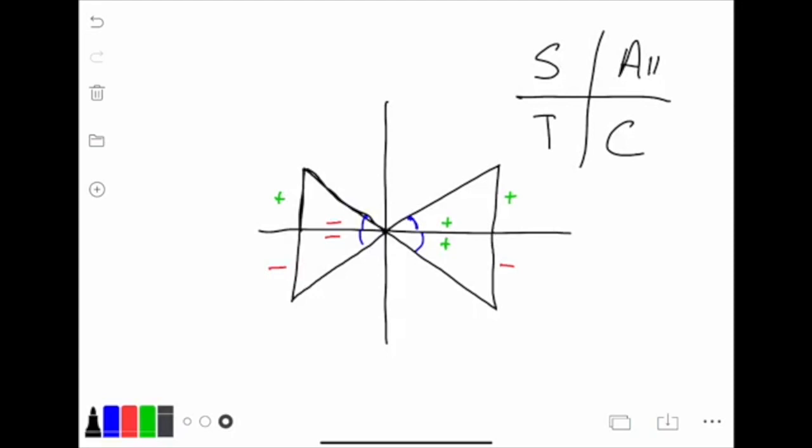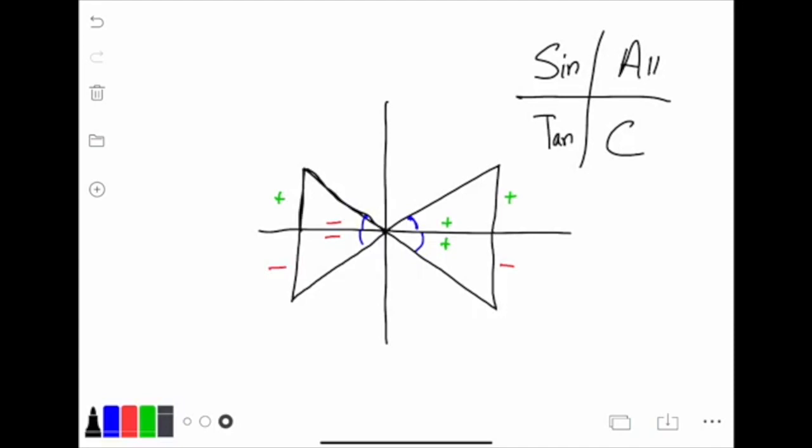All of them, sine, cosine, tangent, and of course their reciprocals. In the second quadrant, only sine is positive and its reciprocal cosecant, but the other four trig functions are negative. In the third quadrant, only tangent and its reciprocal cotangent are positive, and all the others are negative.